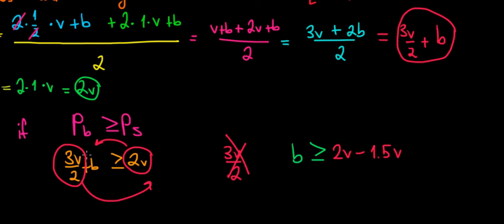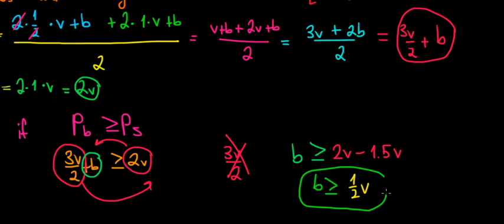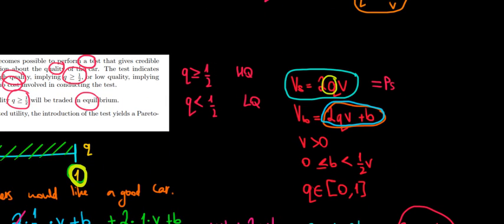We're leaving B on this side. So what is 2V minus 1.5V? That's 0.5V, in other words 1 over 2 V, and B must be greater than or equal to that. In other words, if this condition is satisfied, then all cars are traded. All cars, this is the key word. But if we go back to the question, in the beginning it is given that B is less than 1 over 2 V. That is just a given.